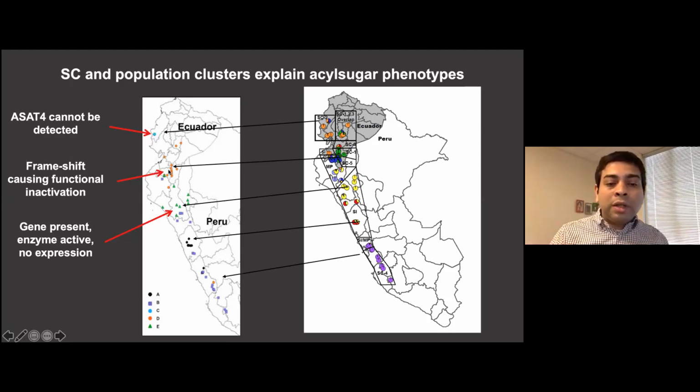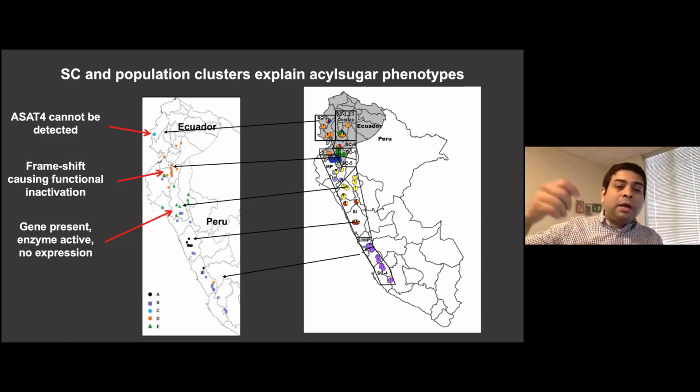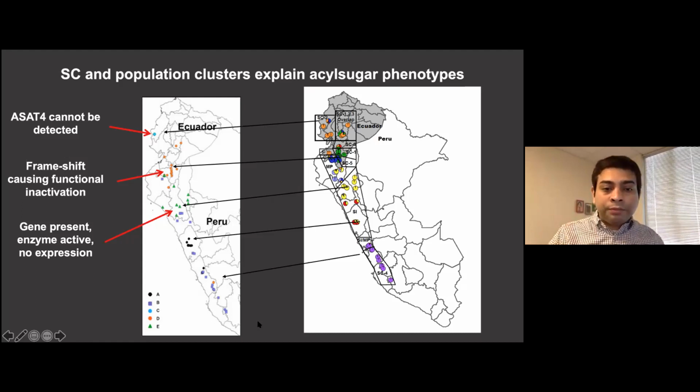The orange ones are the ones where the gene is expressed, but there is a frameshift mutation that causes functional inactivation. And in the 4, the PCR primers couldn't even bind. So we don't know if the gene is highly differentiated or if it's just lost or deleted in this population. So there are 3 different mechanisms by which ASAT4 was inactivated in the northern part of the range.